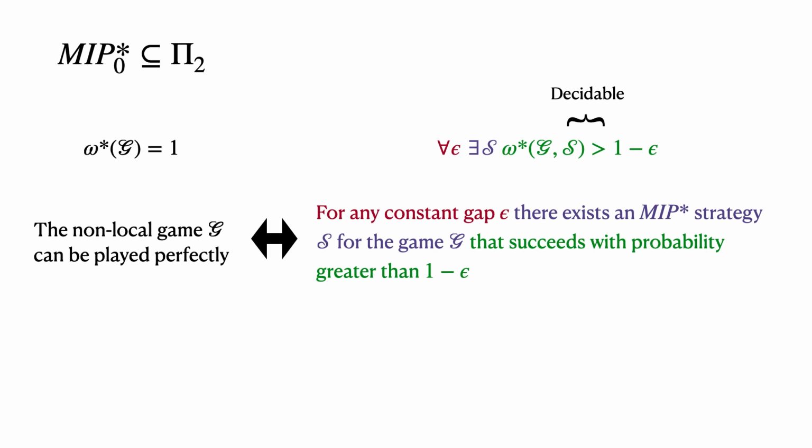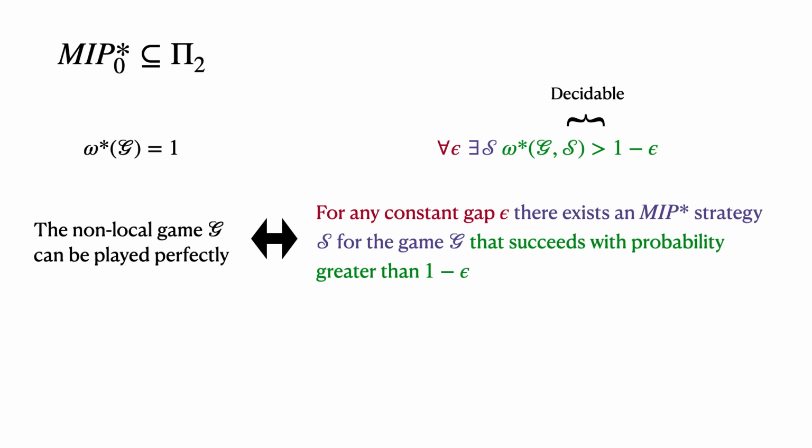So our goal is to show that MIP star 0 equals Pi2. Showing that MIP star 0 is contained in Pi2, one side of this containment, is in fact straightforward. Recall that a complete problem for MIP star is to decide, given a game G, whether it has a perfect strategy. But this can be phrased as a Pi2 formula with a for all and an existential quantifier.